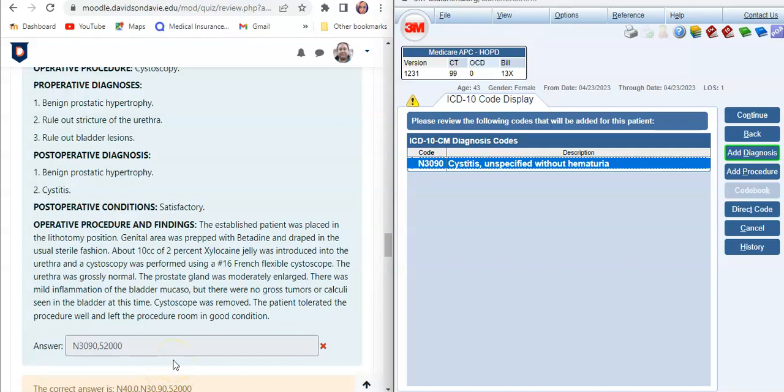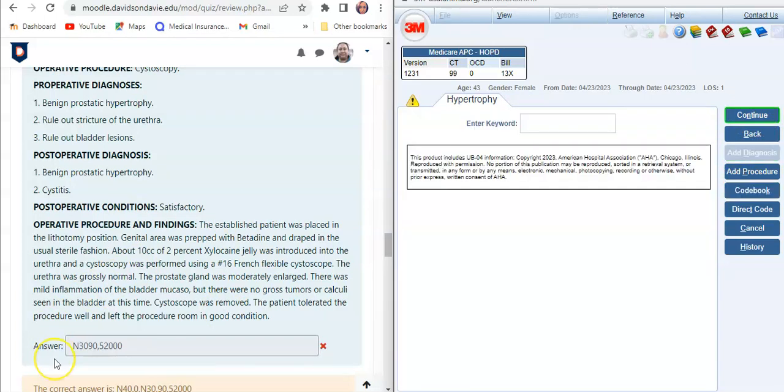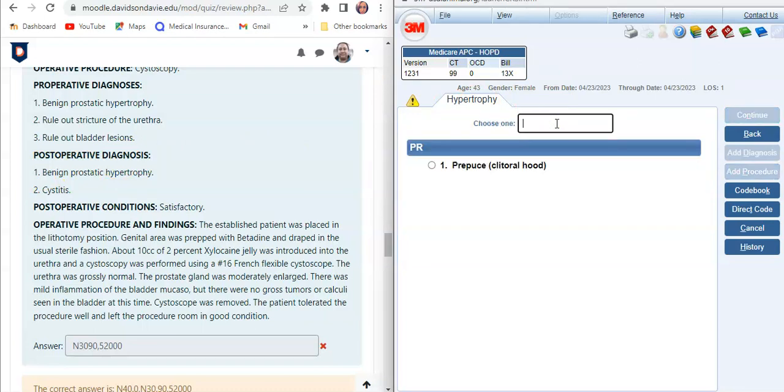Well, how did that come about? I'm not too sure. Let's see. Well, first off, I did do the cystitis first. So let's do the prostatic loss.